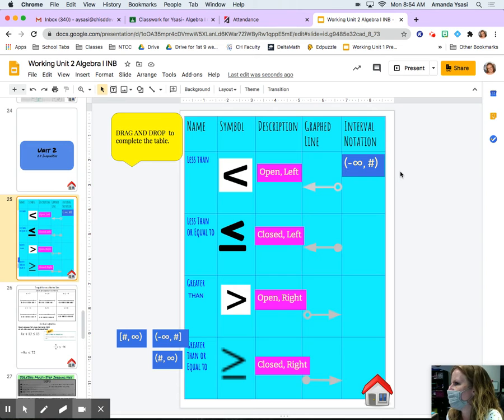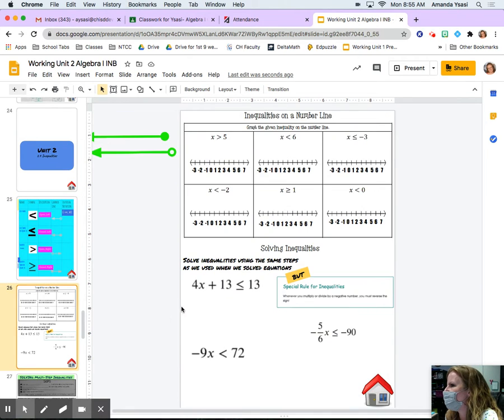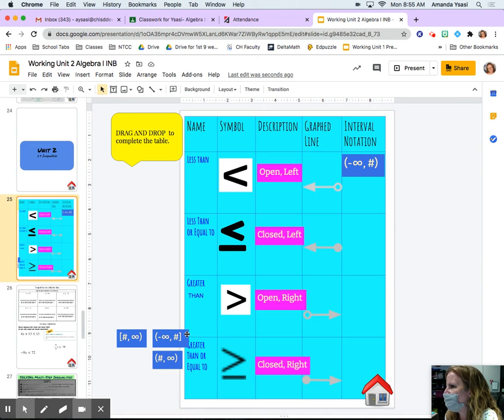We have parentheses around both sides. Infinity is always matched with parentheses. And then if it's not equal to, if it's an open circle, then it's also going to be a parenthesis. But if it is less than or equal to, you use a bracket.